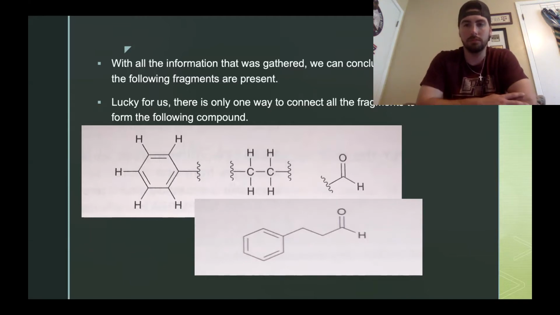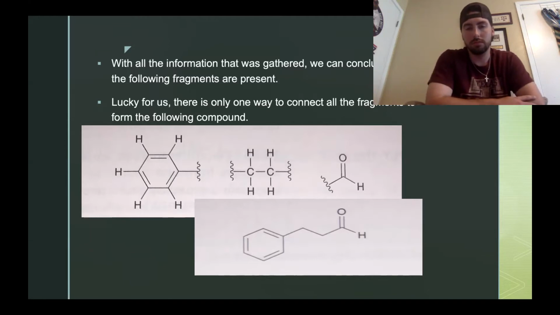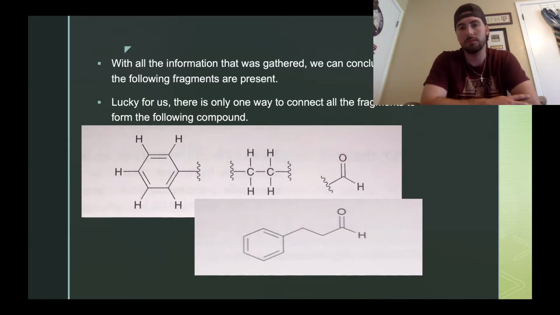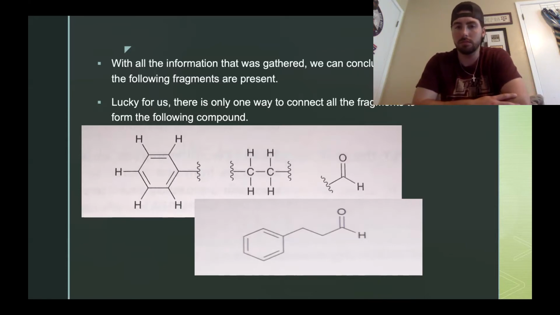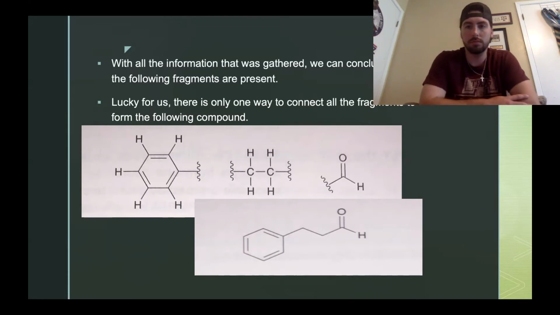And if you see the aldehyde at 10, you know that's the carbonyl, so you have the unsaturation from the carbonyl. So you have information from different sources that helps you complete the structure.